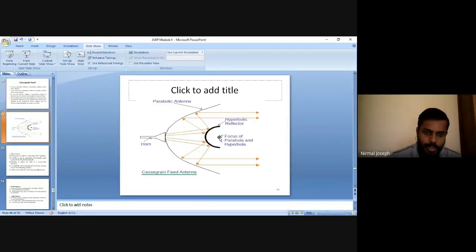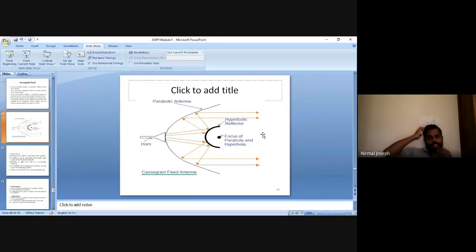So what will happen when the primary radiator or our horn antenna radiates? The radiations will fall on this hyperbolic reflector, and from that reflector, it will get reflected onto this parabolic antenna, and that will reflect further.